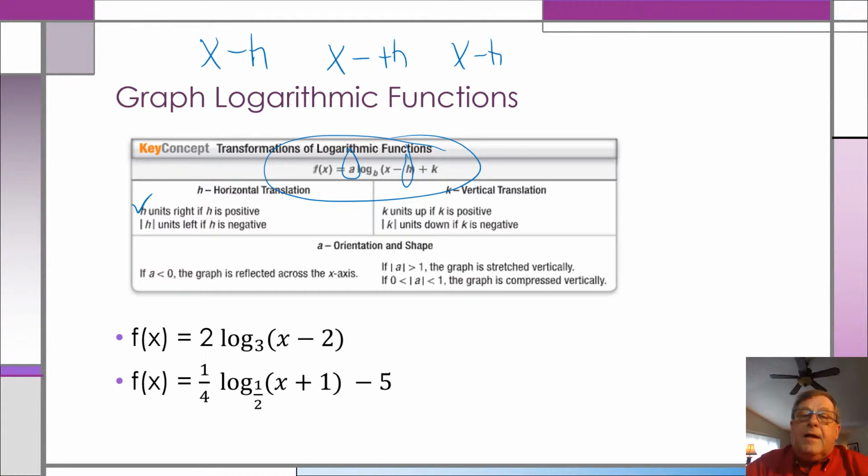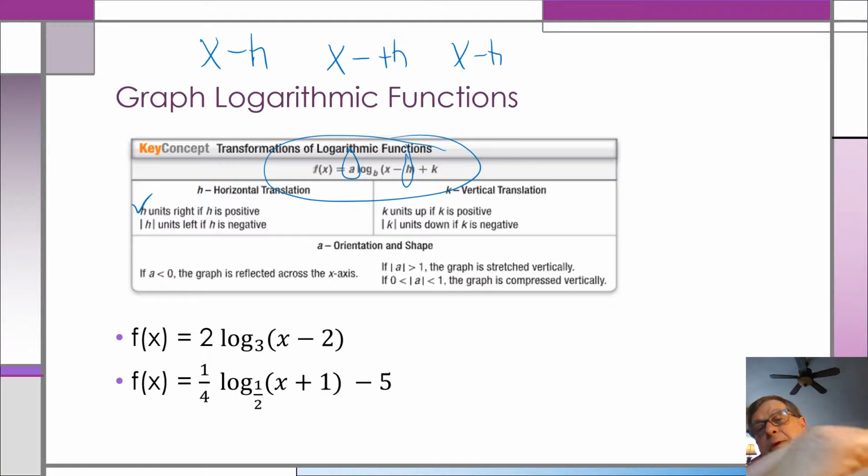So you might think, like every other transformation we've ever looked at, when I see negative h inside the grouping symbol, it would move that number of units to the left. Rather, it moves it to the right. And if h is negative, it's going to move it to the left.